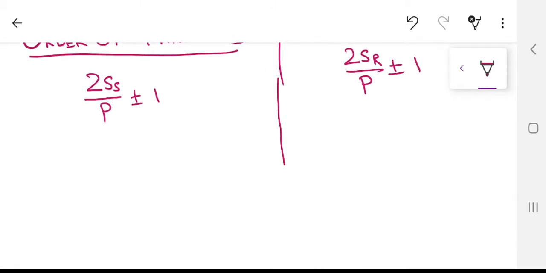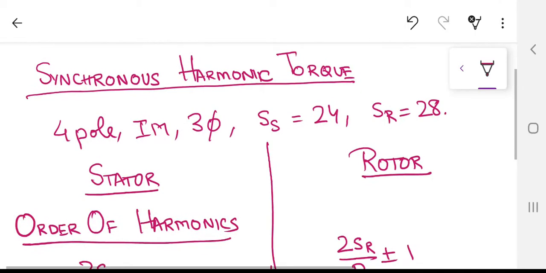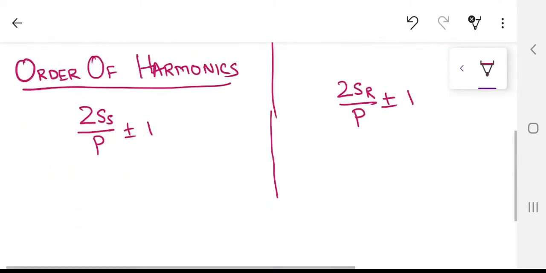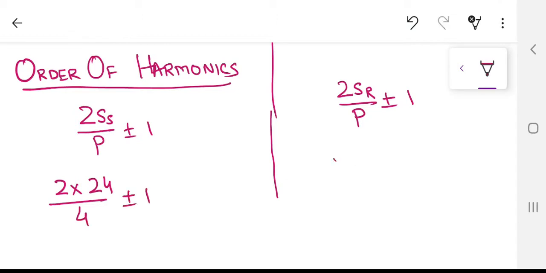Putting in the values Ss equal to 24 and Sr equal to 28, with 4 poles: 2 into 24 divided by 4, plus minus 1, and 2 into 28 divided by 4, plus minus 1.